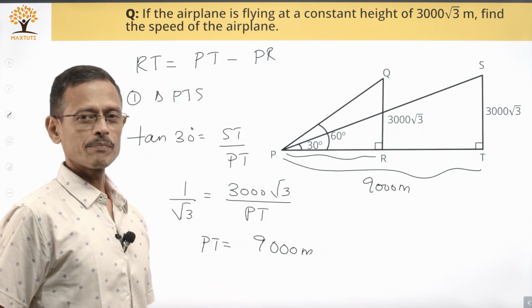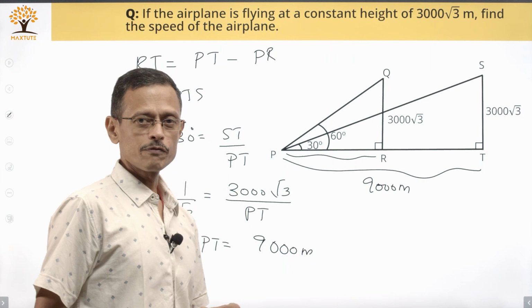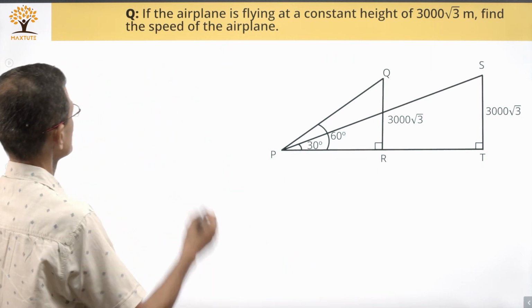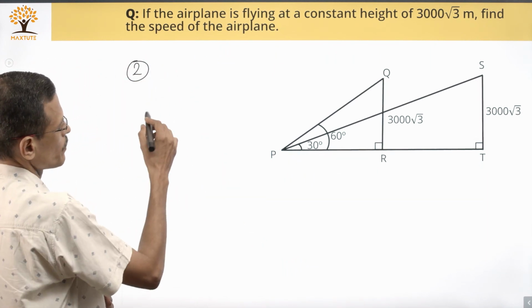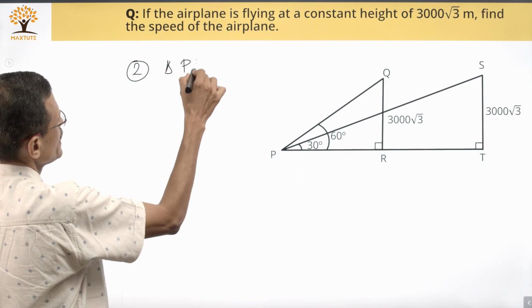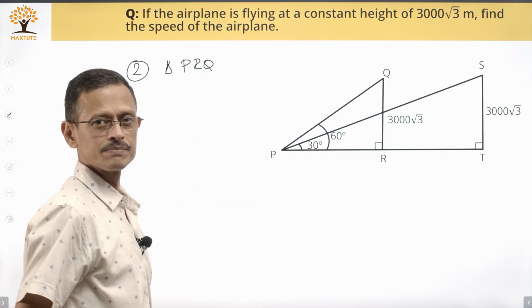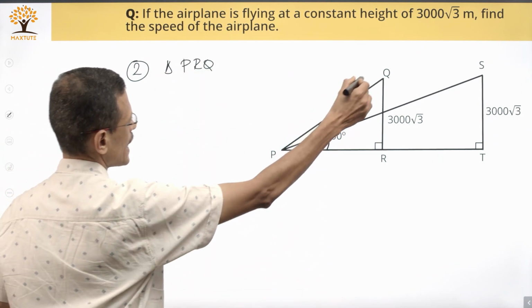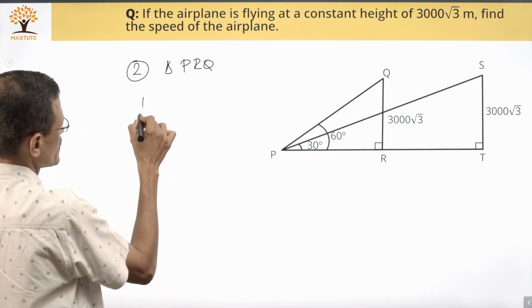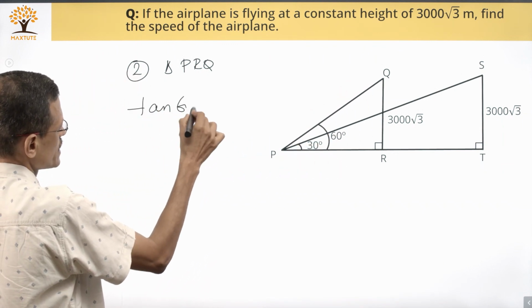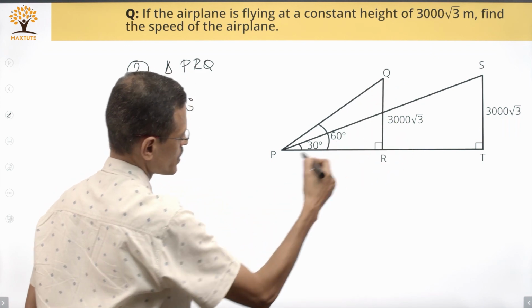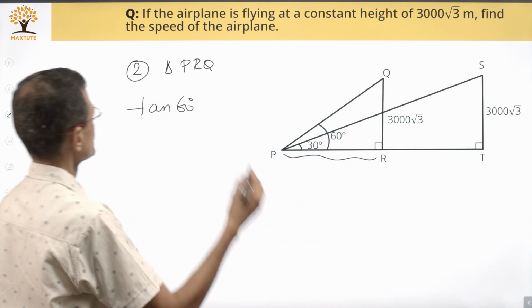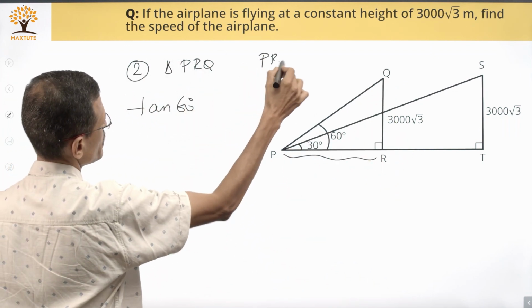So one part over. Part 2, let's find the length of PR. Exactly the same process, just that we are going to use a different triangle right now. We're going to use right triangle PRQ, right angled at R. In this triangle, angle QPR is equal to 60 degrees. I'm going to go with tan of 60 degrees because we know the measure of the opposite side, and we're trying to find PR.